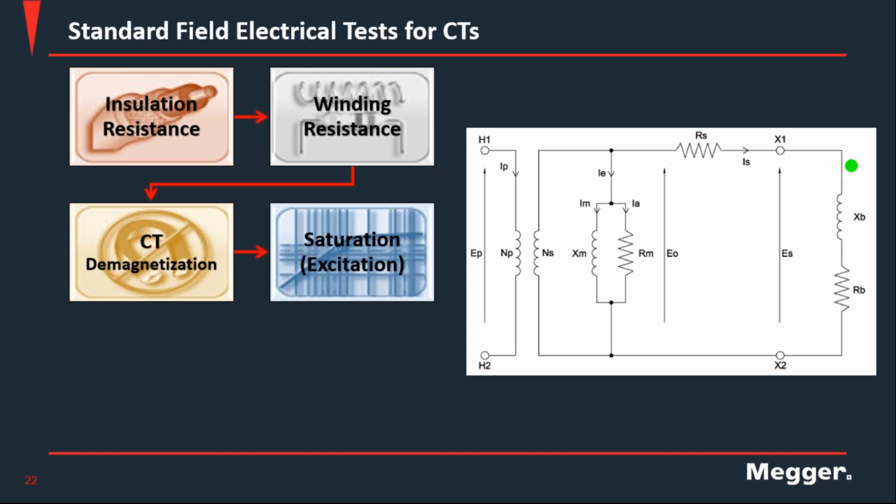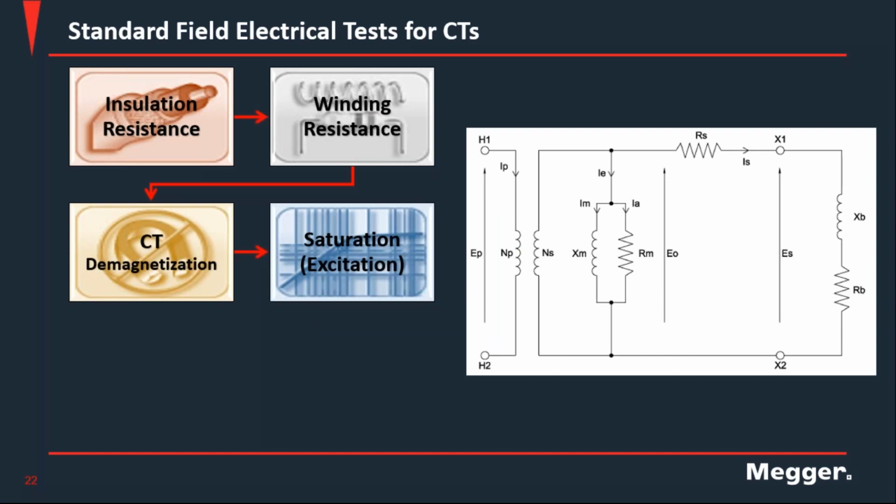The test consists of applying AC voltage through the secondary terminals, and as this voltage is increased, we are measuring the excitation current, how much current will circulate through this branch due to the voltage that is being applied. And the terminals on the primary side need to be open for this test.